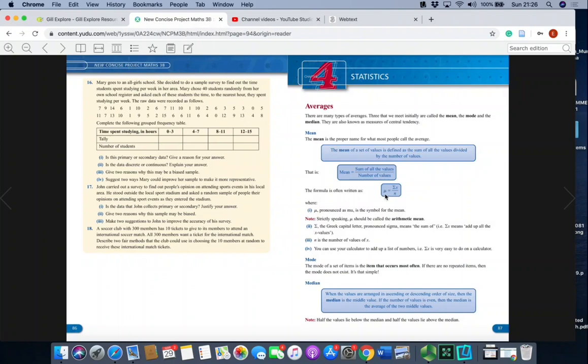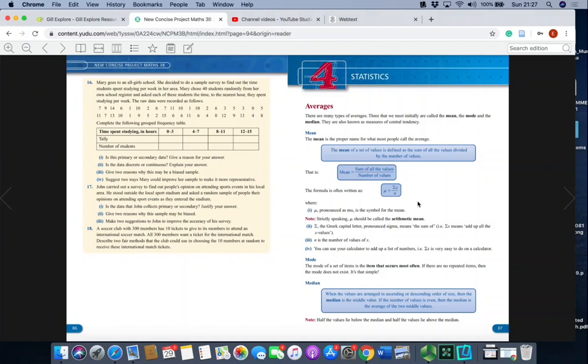It's a Greek letter, and then sigma, that kind of E letter, it's also Greek. It means the sum of. So add up all the numbers, and n is normally the letter used for the number of numbers. So that piece here is maths language for sum of the values over number of the values.